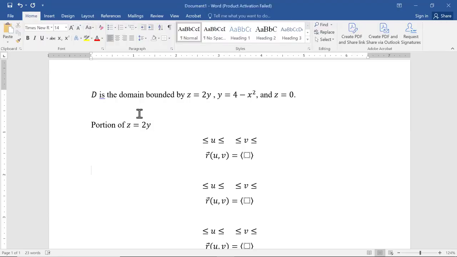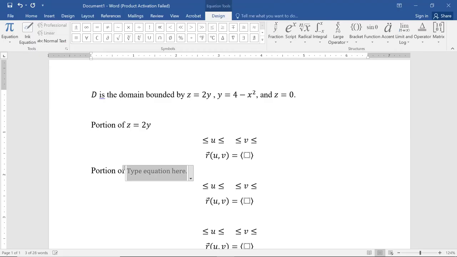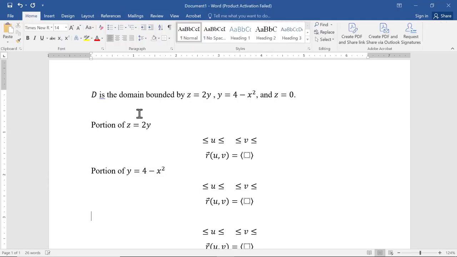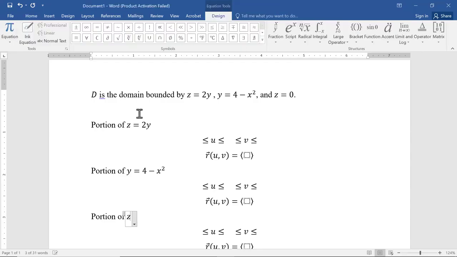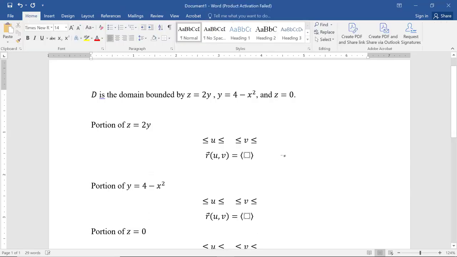And then we'll do the second, which is the portion of y equals 4 minus x squared. And then the last will be the portion of z equals 0. Actually, maybe I'll do that second because it's going to be very similar to the z equals 2y portion. We might skip around.